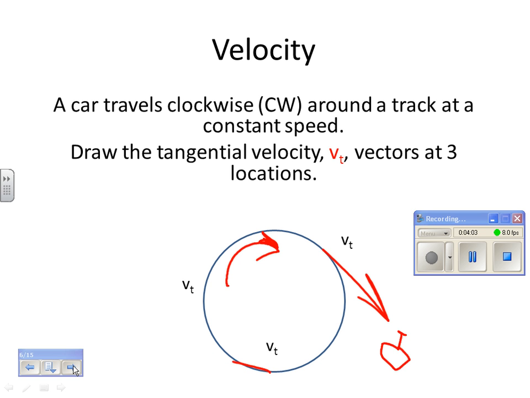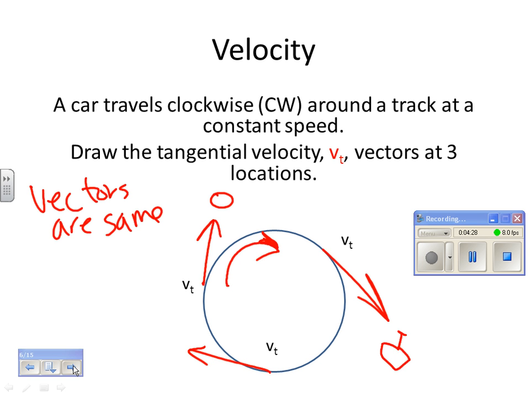Or if we go back to the rock example we had, that would be if the rock was cut off the string, and then it's flying in that direction at that velocity. What's important to realize is the vectors are the same length. Why are they the same length?